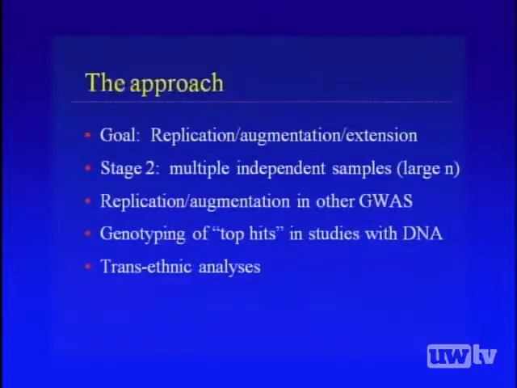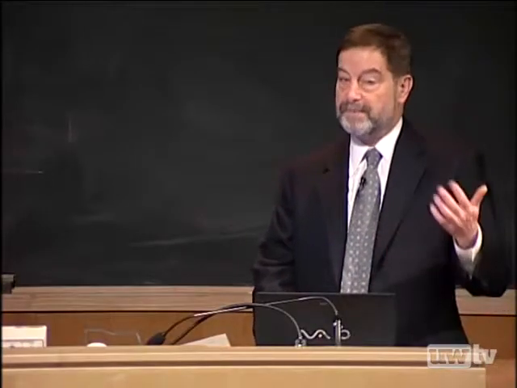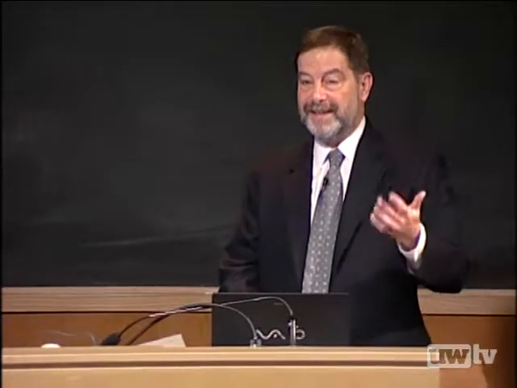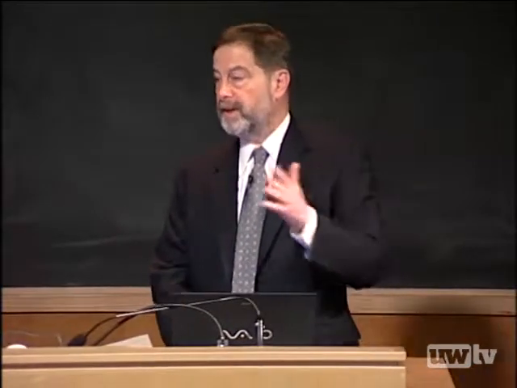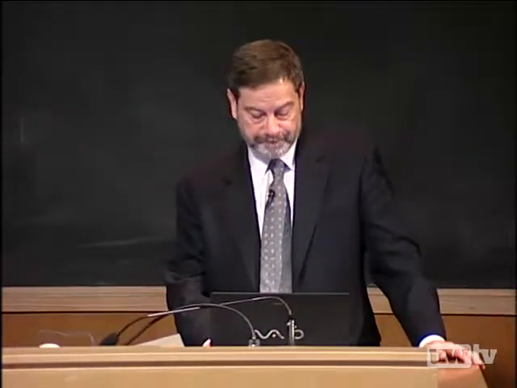So that's how you do augmentation and replication. And then the third thing you'd like to do is at some point you'd like to do transethnic comparisons, because you'd like to see if there's evidence in other race ethnicities that variation in that gene is related to the cardiometabolic trait of interest. Frequently, it will not be the same SNP, but you would like to see evidence that that gene is important in more than one race ethnicity.